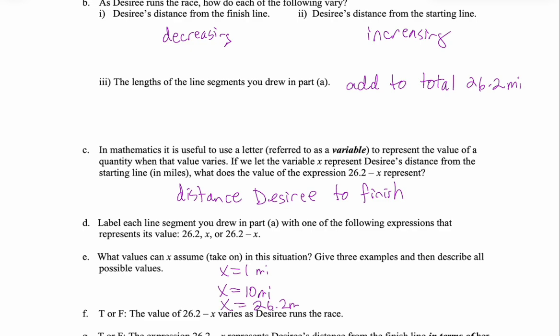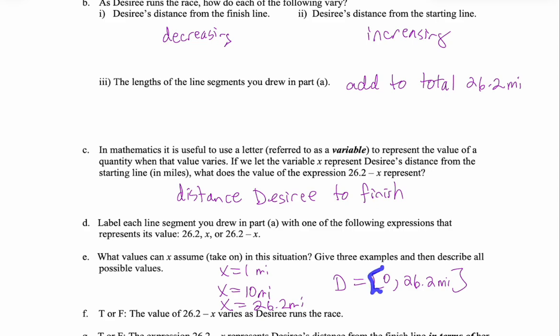26.2 miles. We kind of think of that as the possibilities of X as a domain. And we're going to write that as it can be anything from, she could be standing on that starting line and not moved, and she can go all the way up to 26.2 miles. In pre-calc, we want to use a bracket to say that is a valid option.